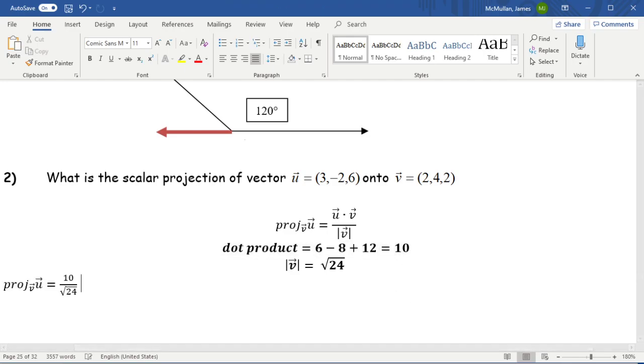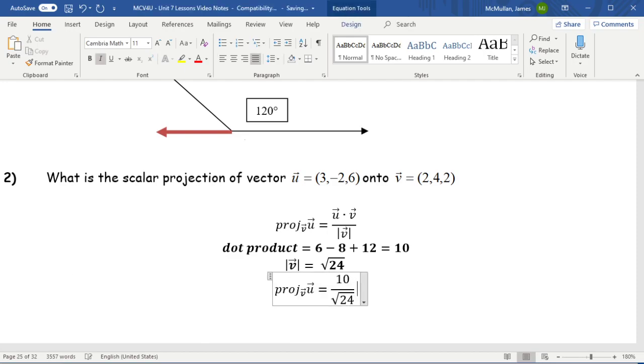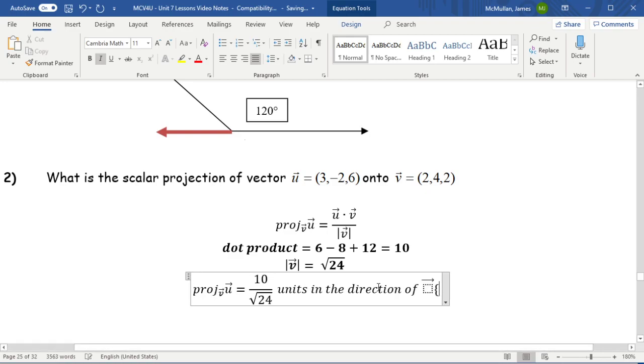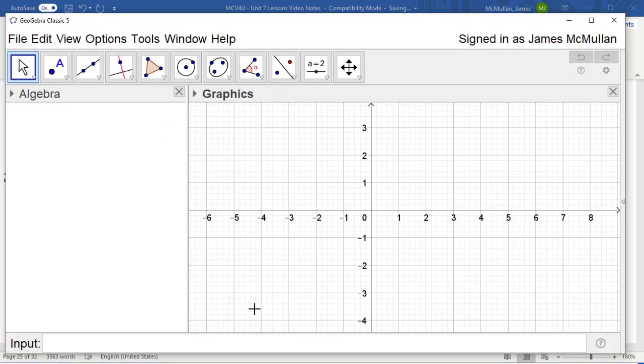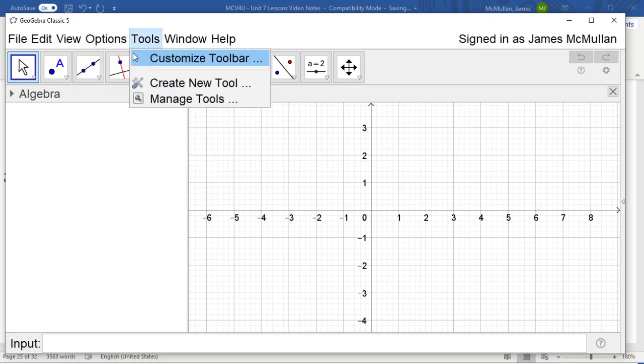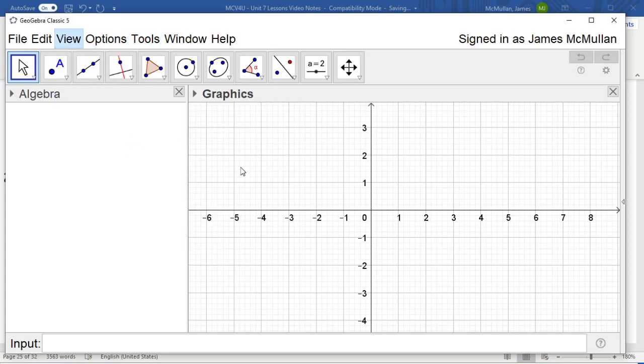So to finalize the answer, I'm just going to say it's that many units in the direction of v. Okay, so let's draw this so you can kind of see what I'm doing, and this will also help introduce the next concept which is the vector projection.